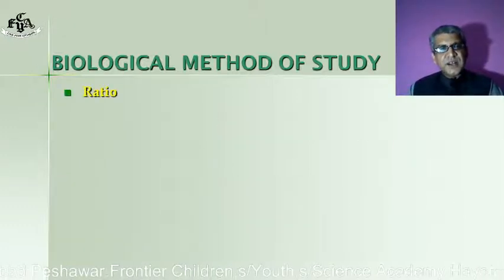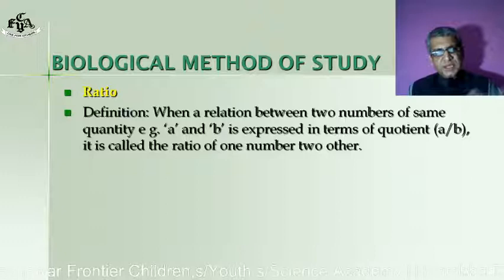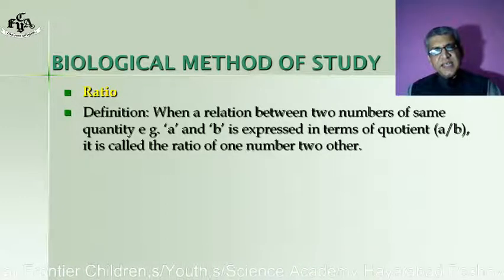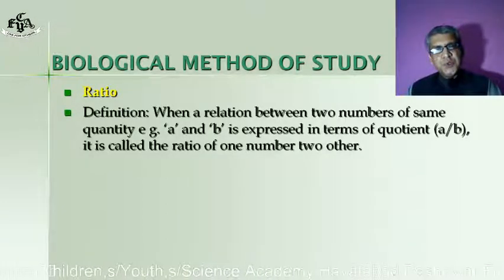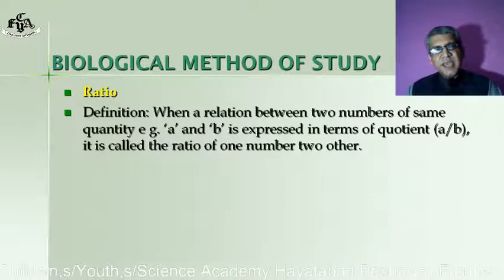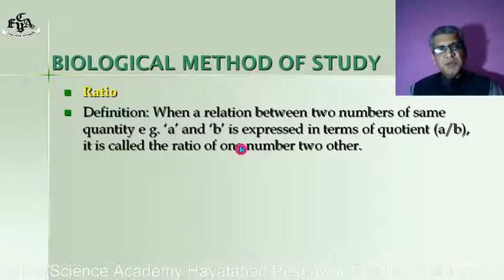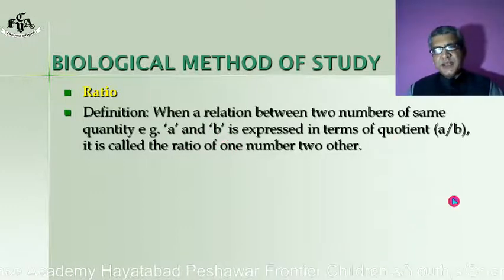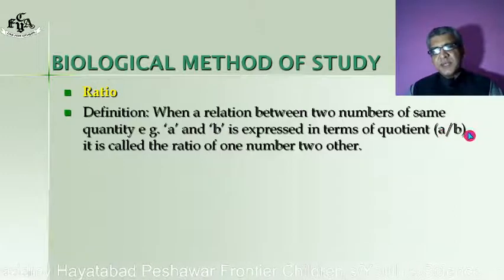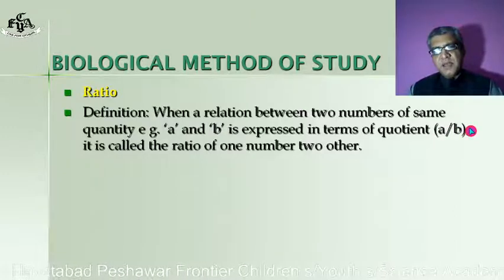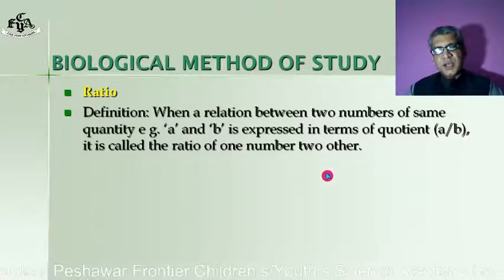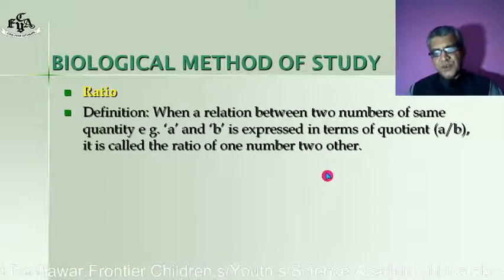First of all, a ratio. A ratio can be defined as a relation between two numbers, like A and B. Remember that these two numbers must be of the same quantity. It is written as A divided by B, or A by B, or in the form of a ratio.